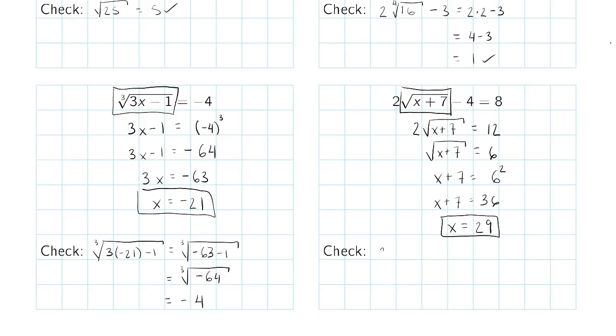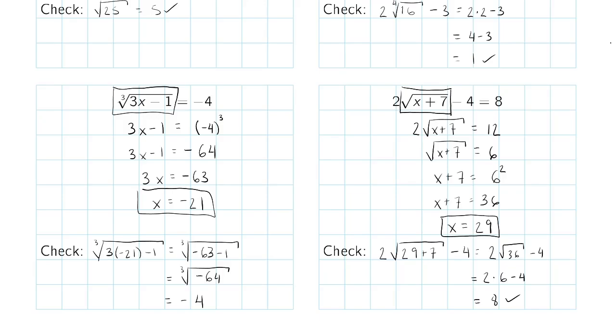To check, we'll say 2 times the square root of 29 plus 7, all minus 4. That's 2 times the square root of 36, all minus 4. That's 2 times 6 minus 4. 12 minus 4 really is 8.